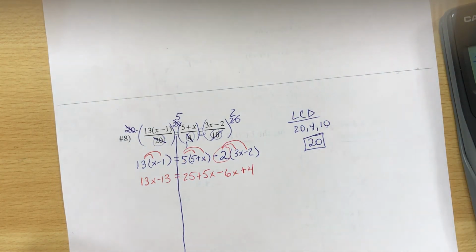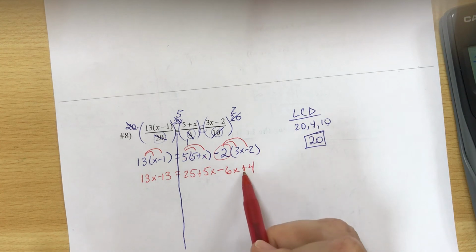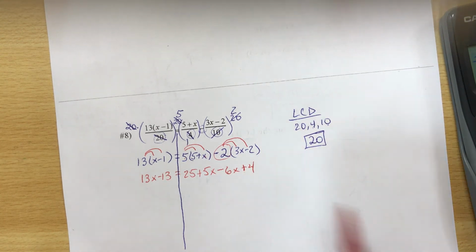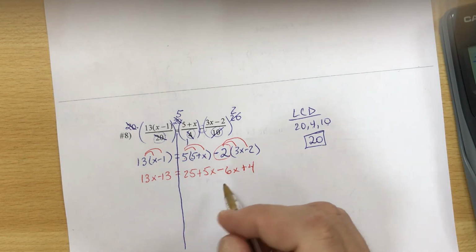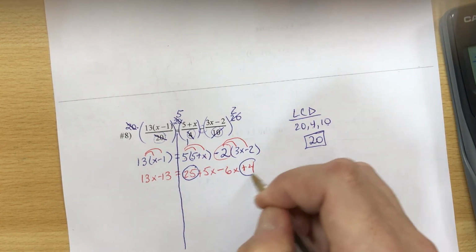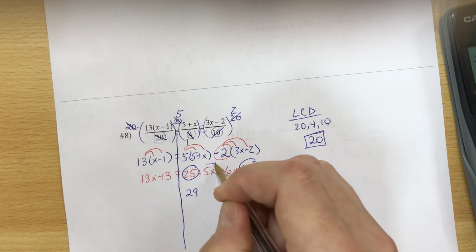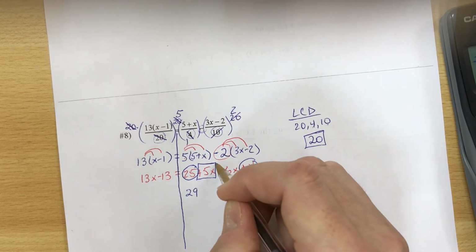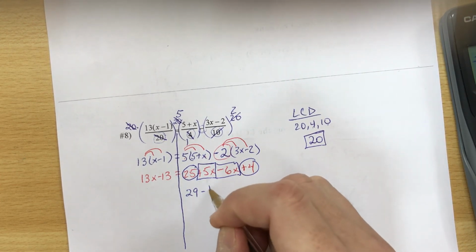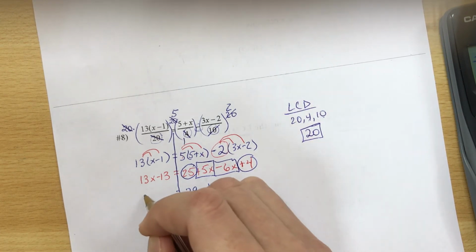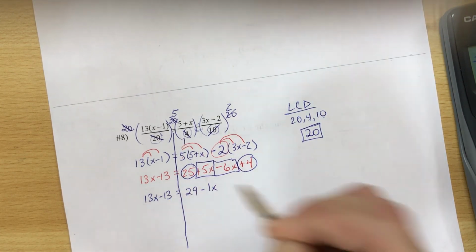Be real careful, because if you miss that, if you say that's minus 4, everything is going to be wrong. All right, let's clean up the right side. 25 plus 4 is 29. 5x minus 6x is negative 1x equals 13x minus 13.